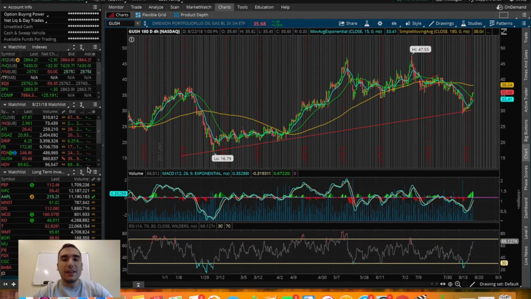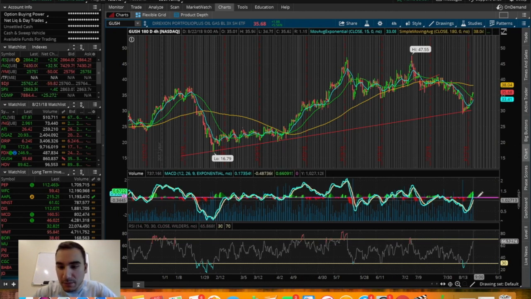So the last indicator that I wanted to talk about today was the MACD, also known as the moving average convergence divergence. And this pretty much is calculated by taking the 26-day moving average and subtracting the 12-day moving average from that, giving us a signal line that we see right here.